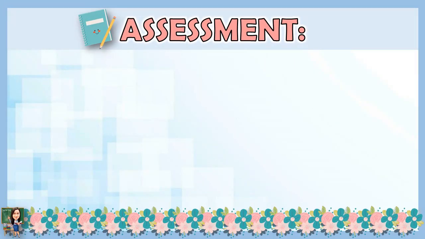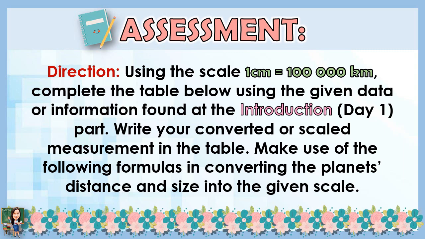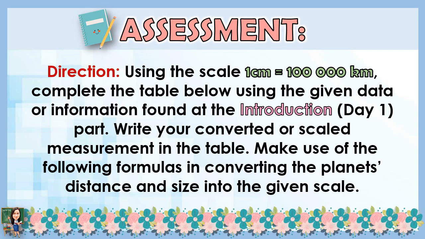And for the assessment, direction: using the scale 1 centimeter is equal to 100,000 kilometers, complete the table below using the given data or information found at the introduction part or day 1. Write your converted or scaled measurement in the table. Make use of the following formulas in converting the planets' distance and size into the given scale.